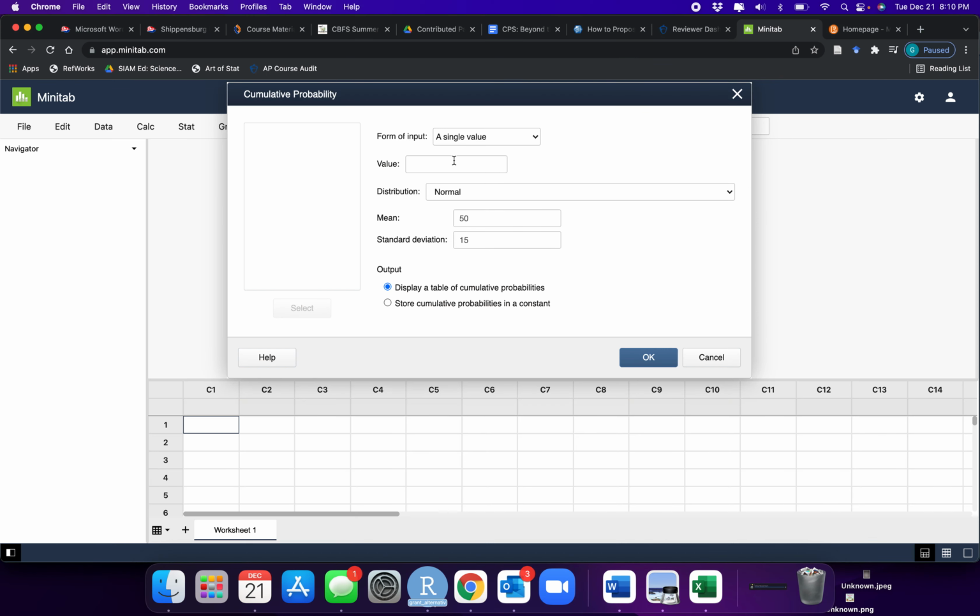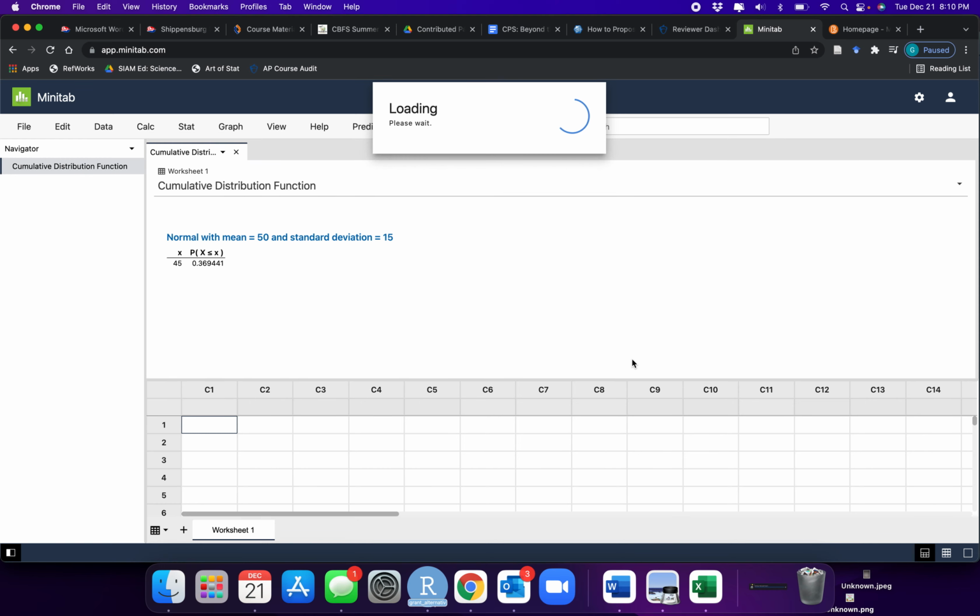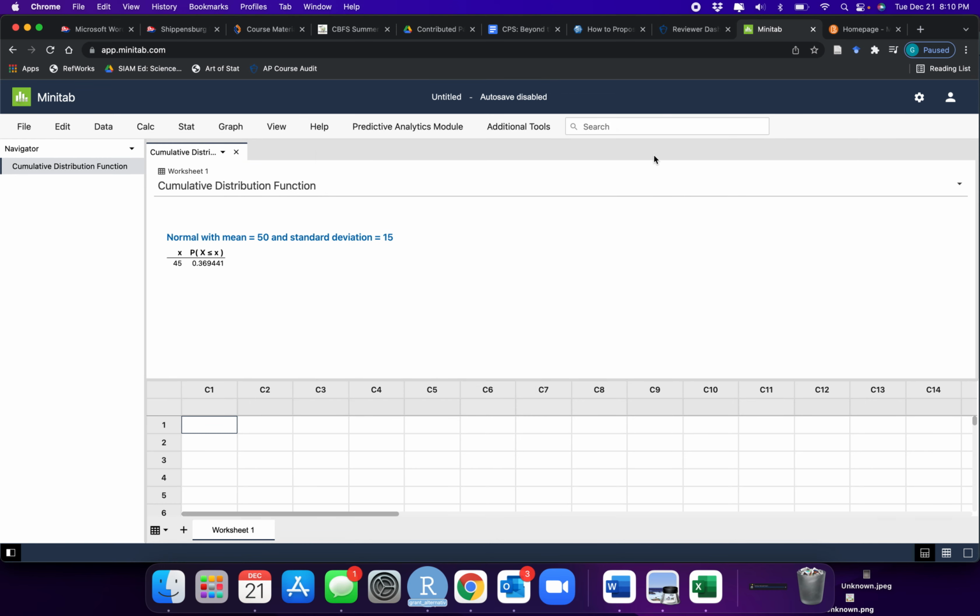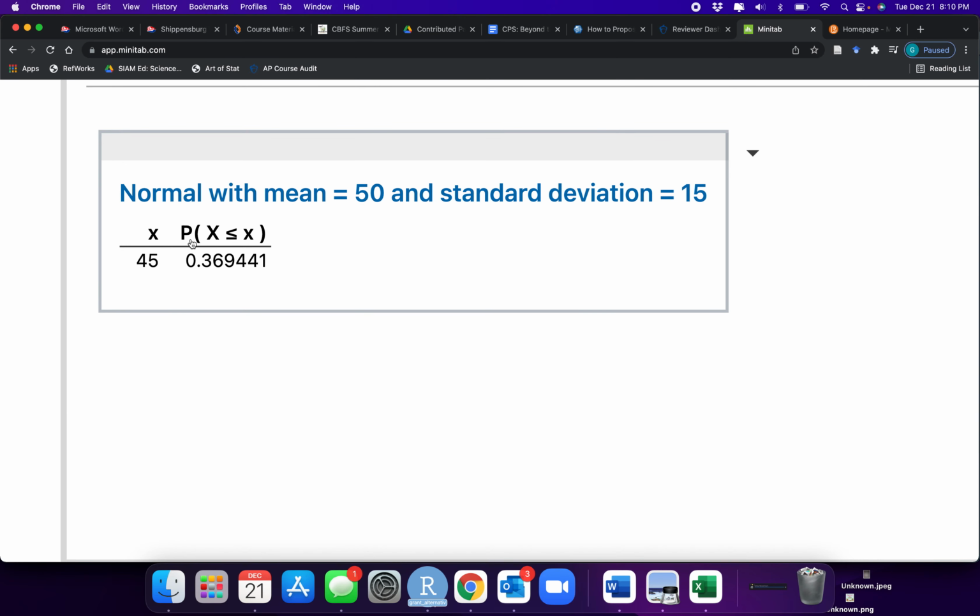So I'm going to go back here and enter in 45. Mean of 50, standard deviation of 15, and I'm looking for less than 45. When I click OK, it's going to calculate that. Down here, it says, what's the probability that x is less than or equal to little x?